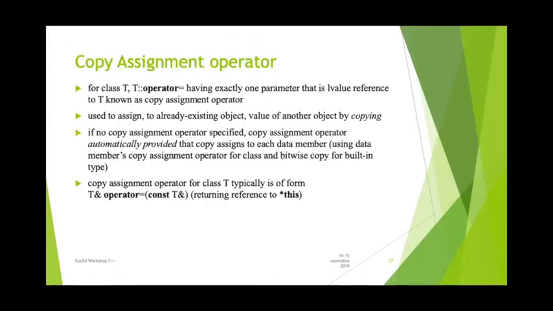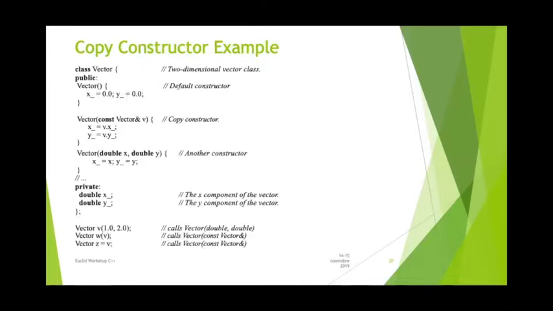There is another one, the copy assignment operator. So here it has only one parameter, and that is an L value reference. Okay, I must tell you what an L value and an R value are. Here's the thing: L value, and another is R value. L value refers to the single ampersand, like I'm using the T class ampersand to define the copy constructor like before, const vector and v.